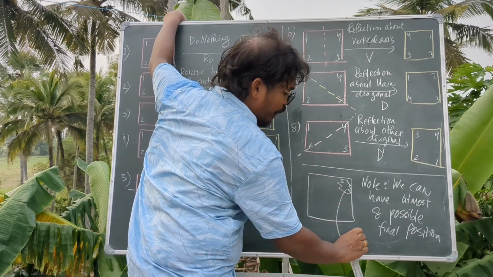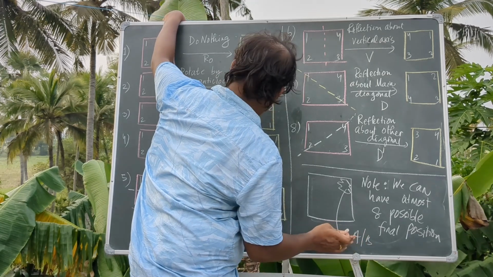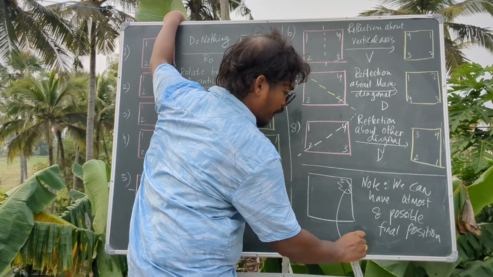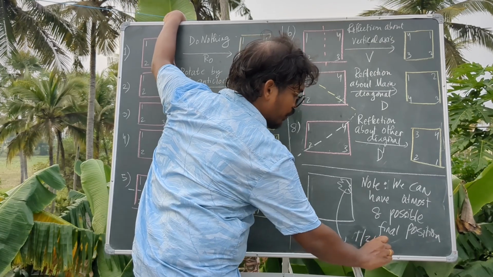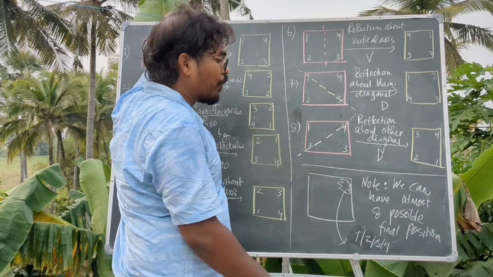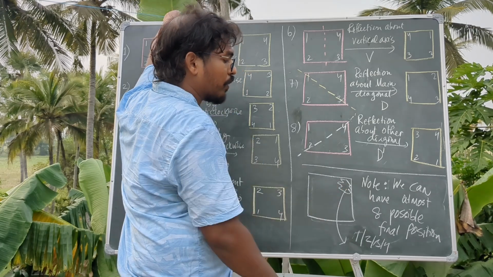We can have either 1 or 2 or 3 or 4. So we have a total of 4 choices for this corner.